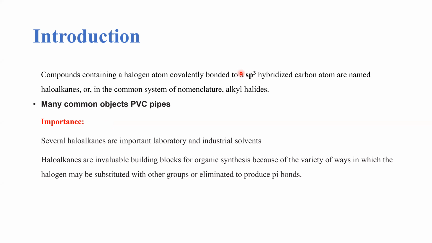If it is the haloalkane, this is sp3, and of course if it is the haloalkene and haloalkyne, this is sp2 and sp. You can refer to the hybridization videos on my YouTube channel, where I have shared these lectures. If someone is interested in going through that or refreshing that knowledge, you can check these lectures also.